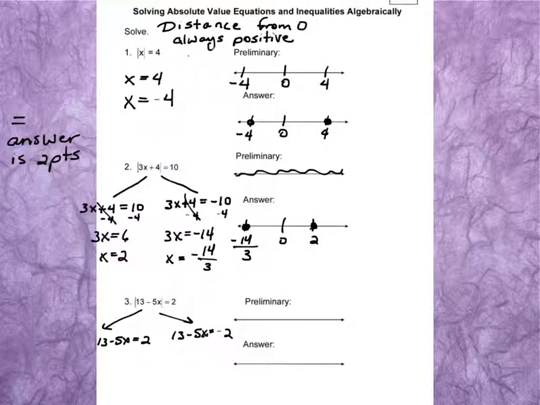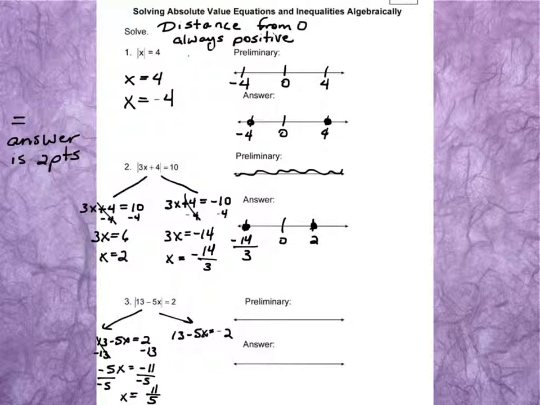So you subtract 13. That gives you -5x is equal to -11. When you divide by -5, x is equal to 11/5.